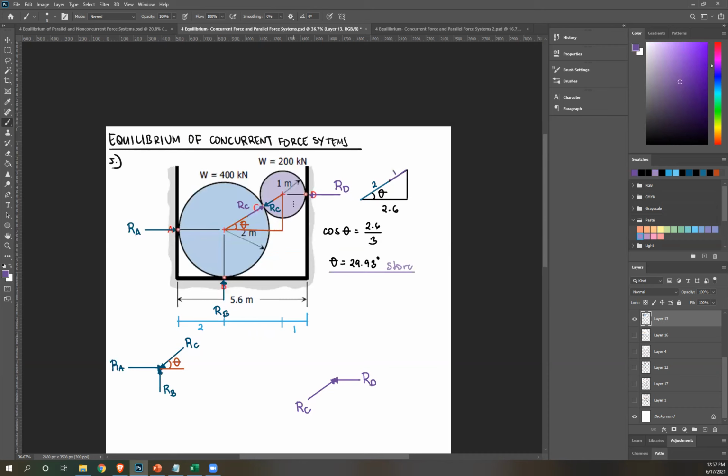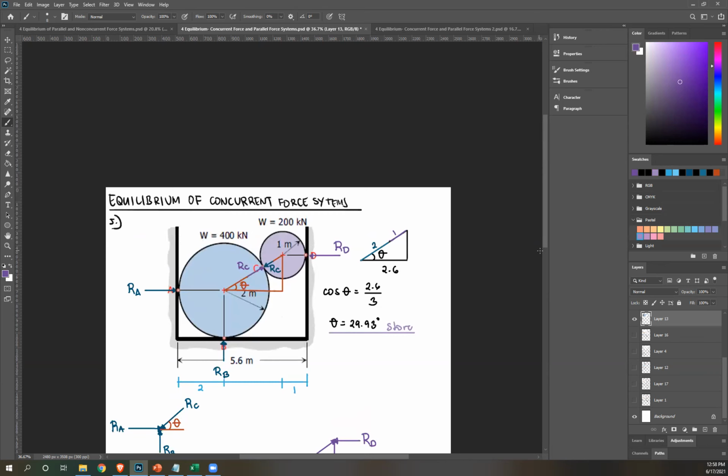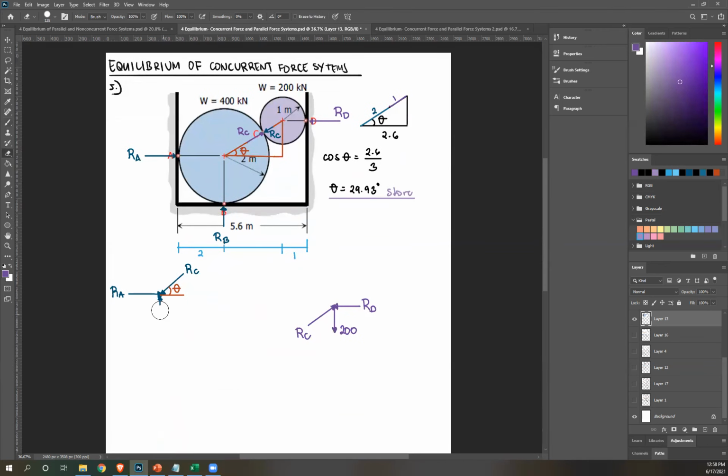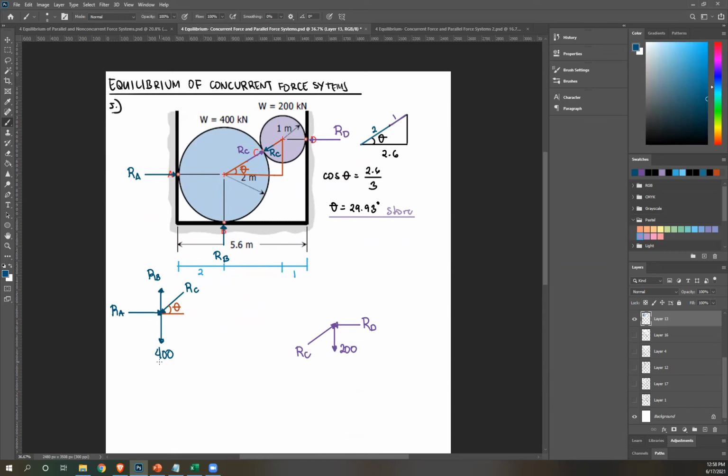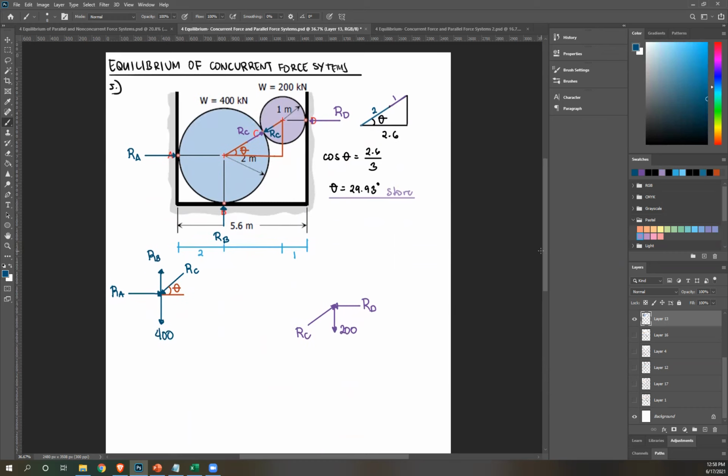For the purple one, it's 200 kilonewton, so downward 200, and as well as here, this 400, always downward. So I'm just going to move this RB over here. It's allowed because it's still upward. So RB, so that I can just draw weight this way. So weight downward, that's 400. So now we have the complete free body diagram.